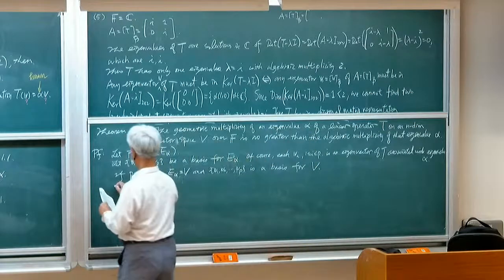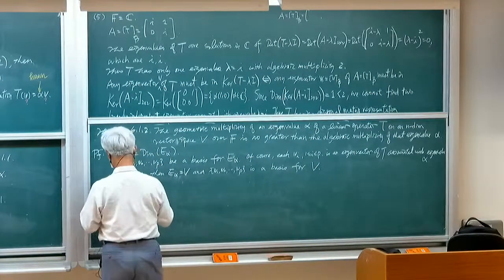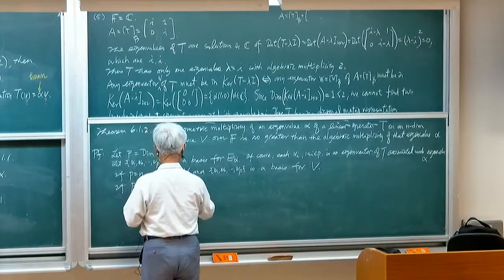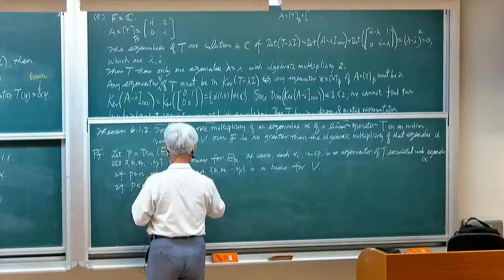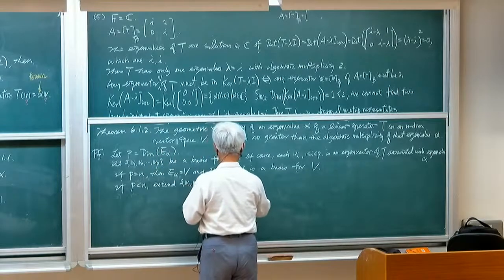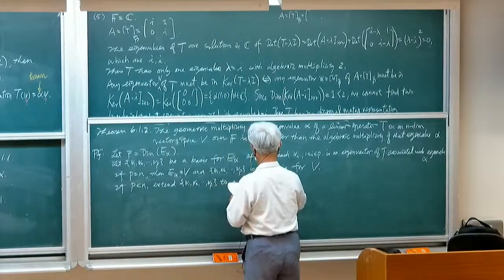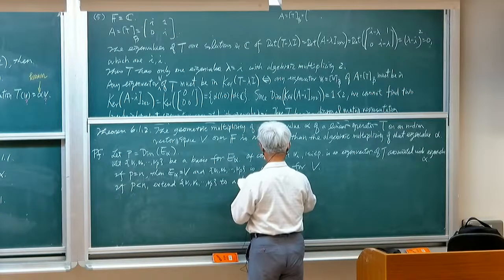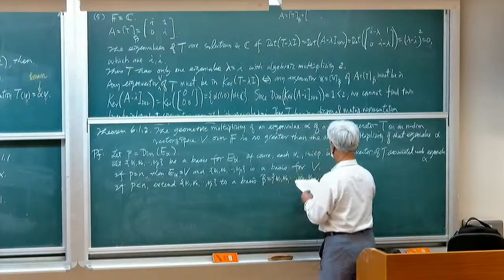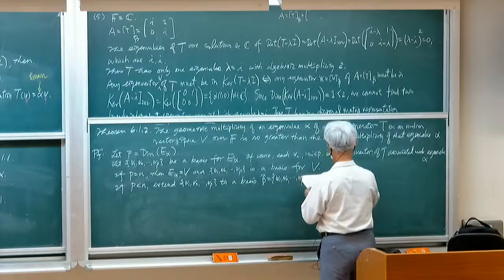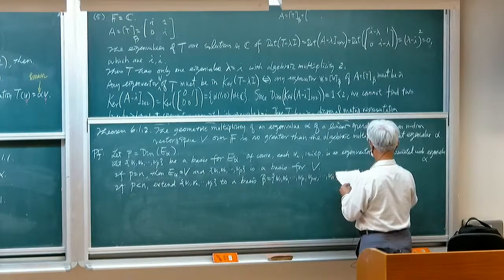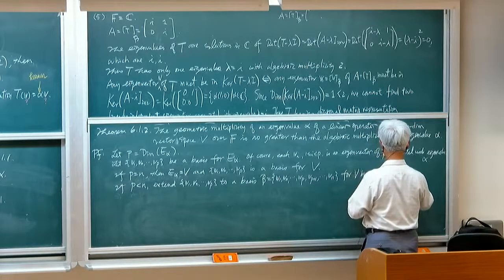Okay, so if P is less than n, we extend the set to a basis B. That is V1, V2 up to Vp, and Vp plus 1 up to Vn for V. And this can be done by theorem 5.2.16, right?